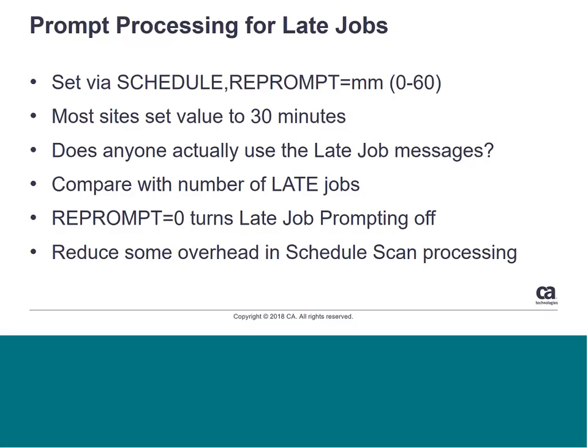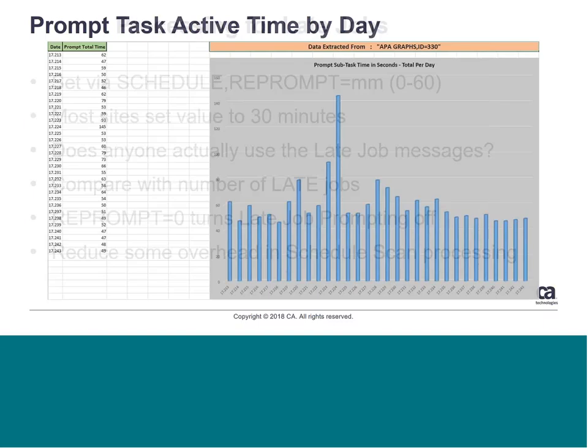If you turn off late prompting, set reprompt equal to 0, and that will then get rid of that particular amount of overhead. Whether it's a benefit or not is down to how many late jobs you have. So you may want to have a look at, is it worthwhile if I only get 5 late jobs a day?